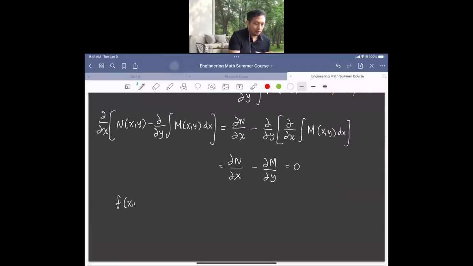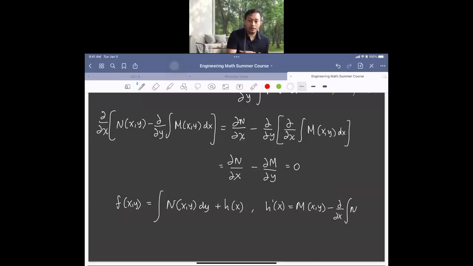And then we can have f(x,y) equal to the integral of N(x,y) dy plus some function h of x. The same way, but this is the other side. This will be M(x,y) minus. So you start from y or start from x, you will have the same method actually.